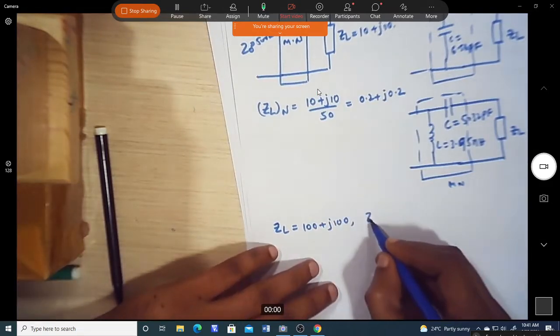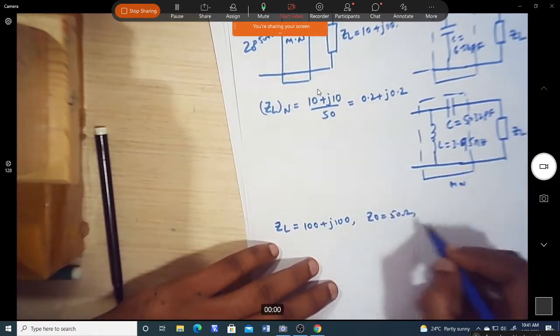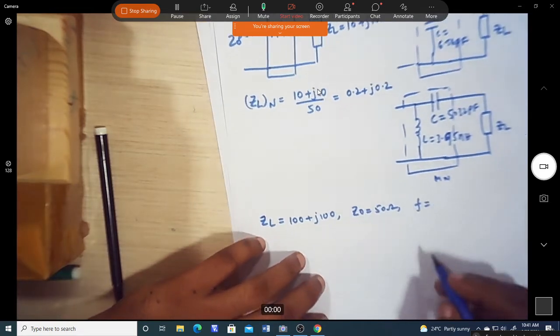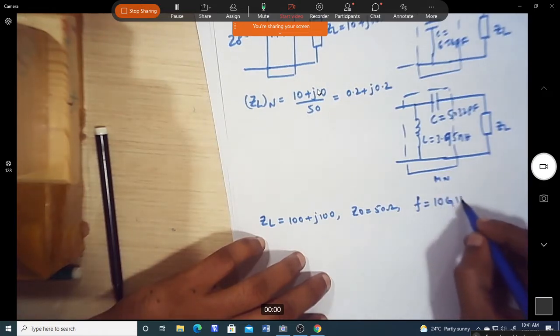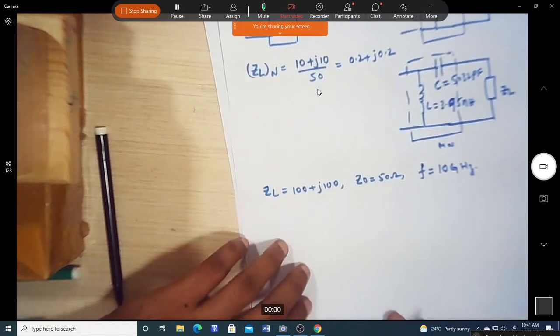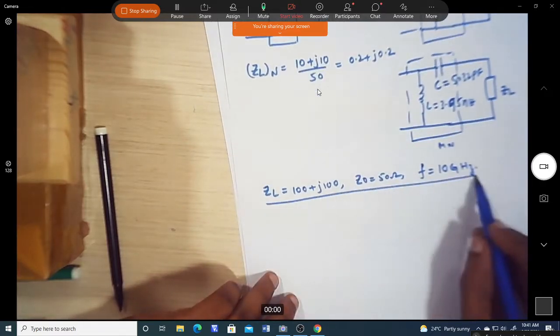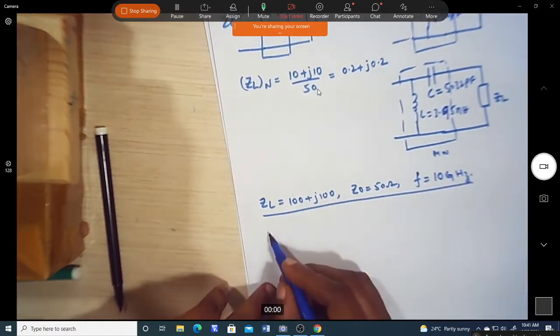Okay, so Z0 which is 50 and F which is equal to, so let us take 10 gigahertz. Okay, so now for this particular problem, where is the location of the load?